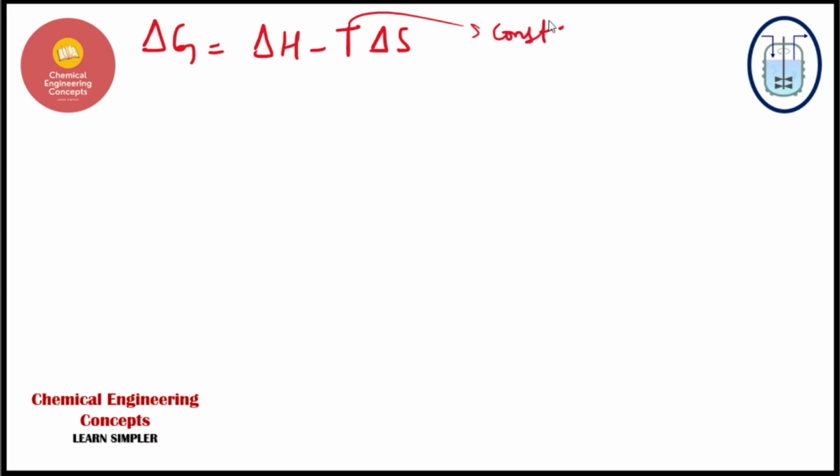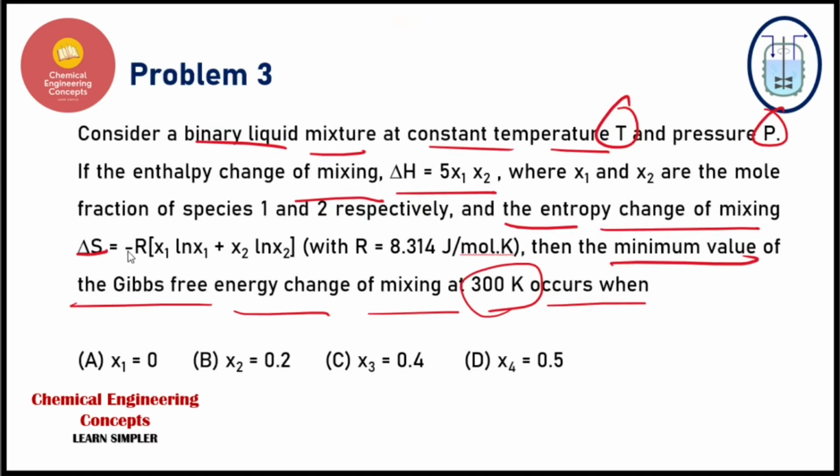So this is one thing. Now you can substitute the values, you can substitute delta H, you can substitute delta S. So the delta H value is given to be 5 x1 x2 minus, or it will come up to be plus, because the delta S values are given in minus, right?